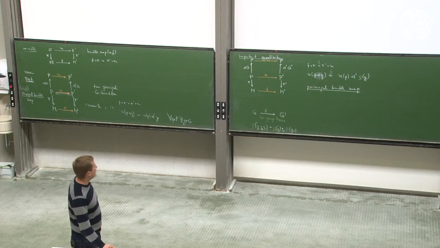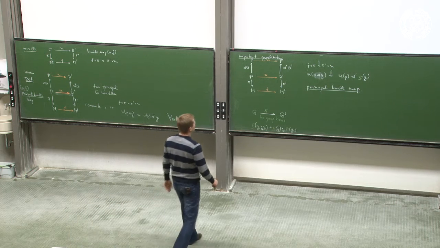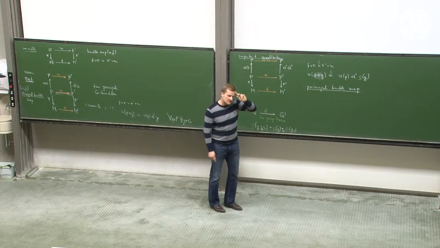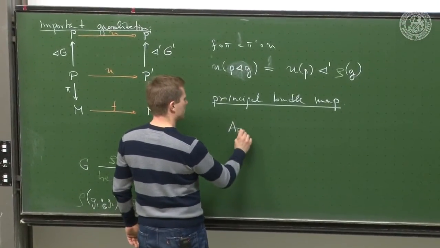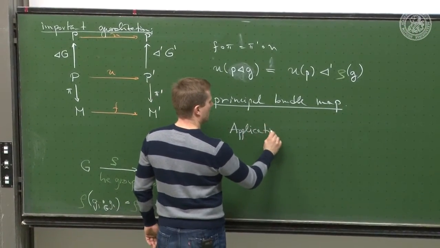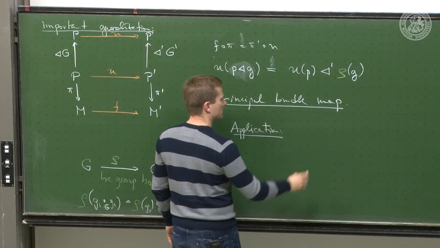So we have this guy. Now the question is, is this generalization for generalization's sake, or is there an application? And there's a very important application of this generalized notion in general relativity.